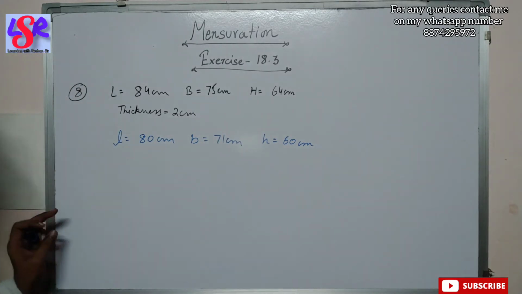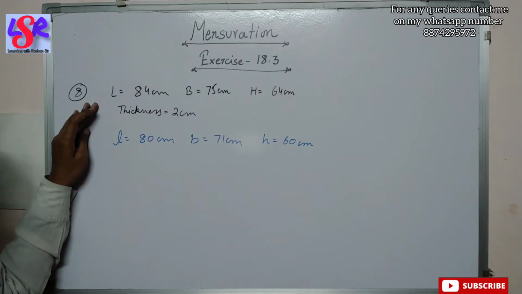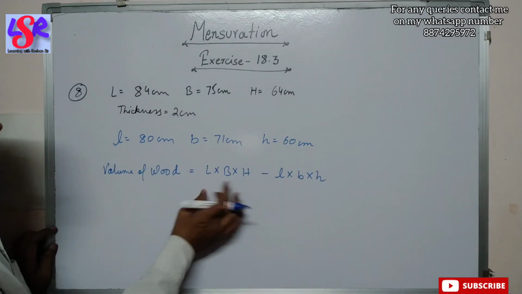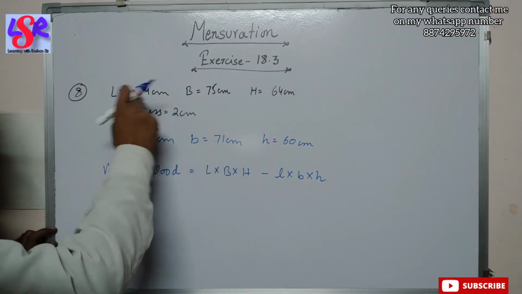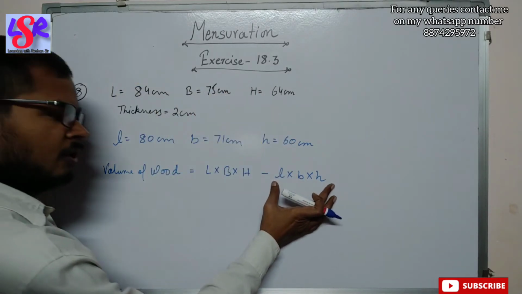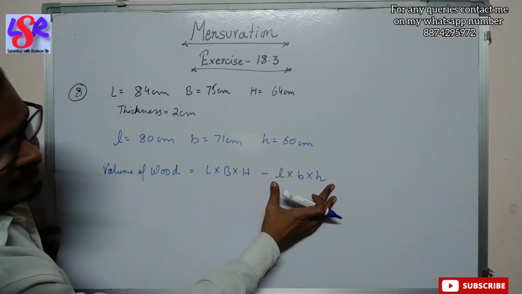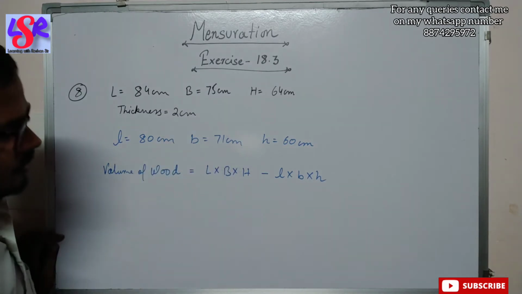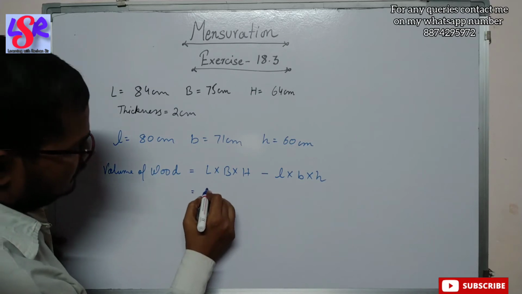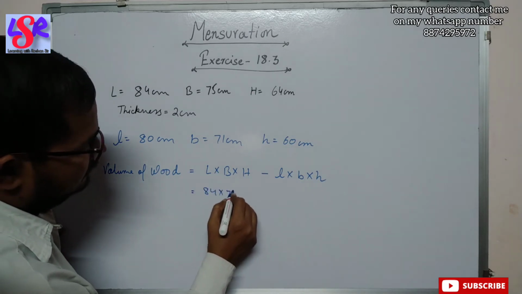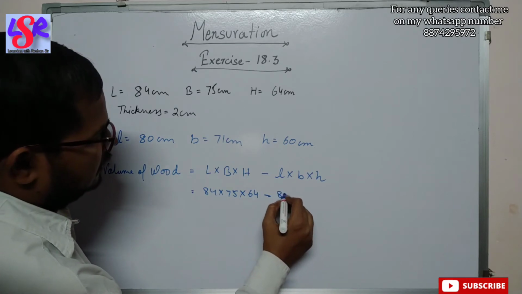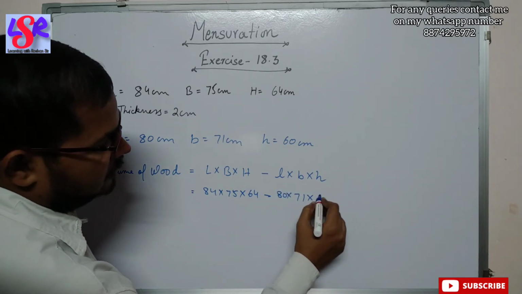Then the volume of wood required to make the box is the volume of the box from the external dimensions, that is capital L, capital B and capital H, we have taken these all, minus the volume of the box from the internal dimensions, that is L into B into H with the smaller one. We have taken this one. Now we can place the values as 84 into 75 into 64 minus 80 into 71 into 60.